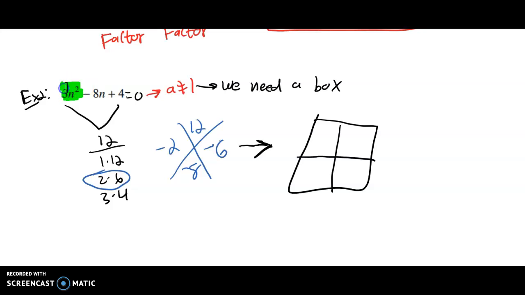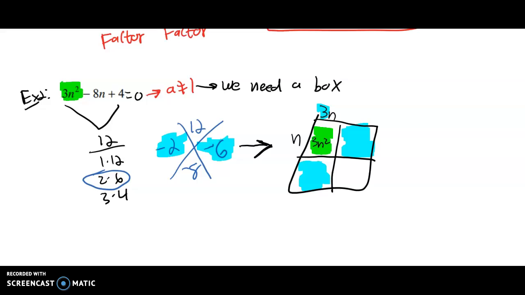This term right here, the 3n squared, always goes in the top box. Our two numbers to the left and right in the x always go here and here. Remember to select them strategically. We need to pick a number that divides evenly into 3.